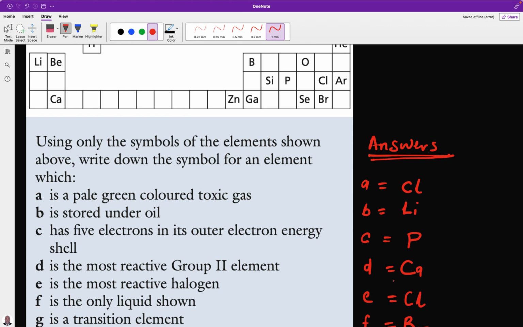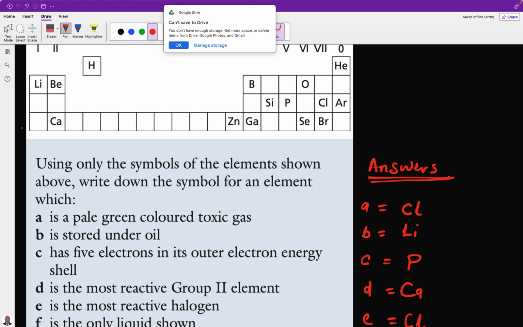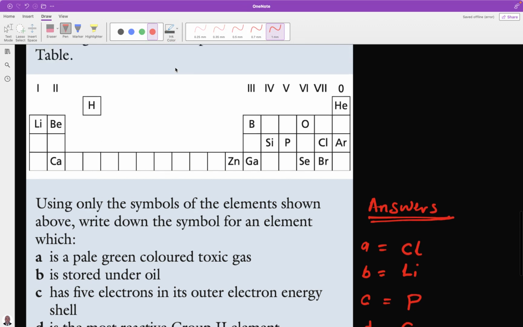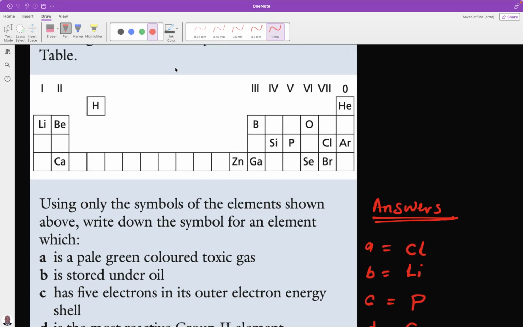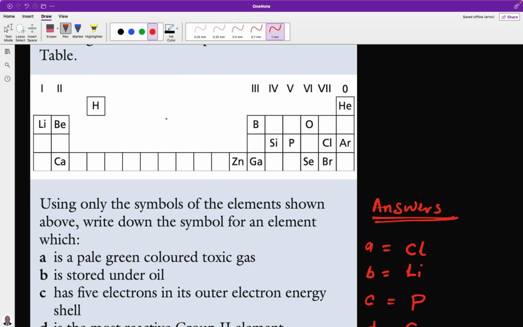When we were discussing the periodic table, I said transition elements or transition metals are located between group 2 and group 3.